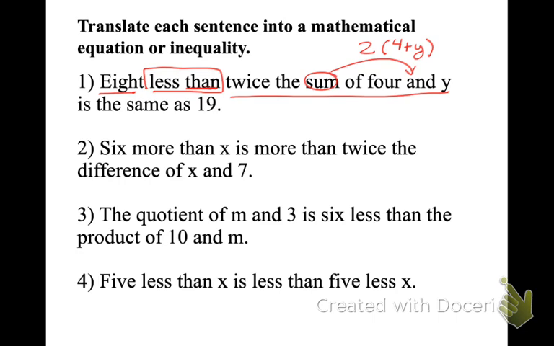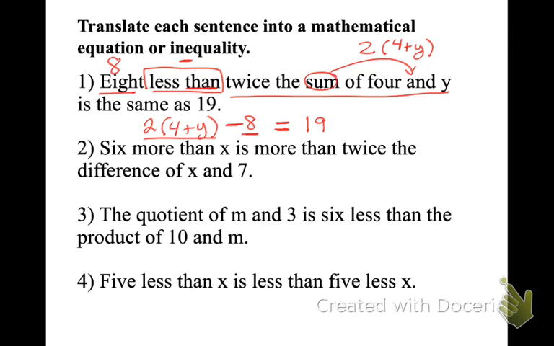We have twice the sum, and this is an 8, and less than means minus. So now because it has the than, we then have to crisscross. So I'm going to do 2 times 4 plus y minus the 8. Do you see how each side, they swap sides? Is the same as, is, was, will be, is our equal sign, 19.